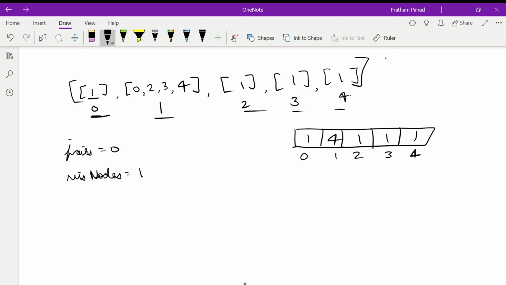Now we'll go inside the child of this node. So first child is 1. Child equals 1, so we'll calculate the pairs. But we can also do one thing: if the subtree size of this child is greater than that of the parent, then we can directly calculate the size, to know how many pairs will be disconnected. So total will be n minus subtree size of the node. That means 4.